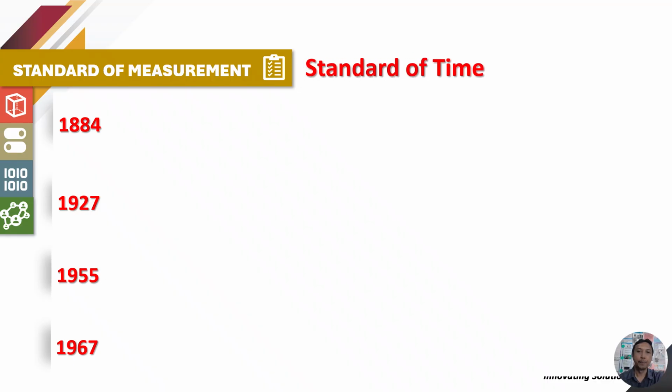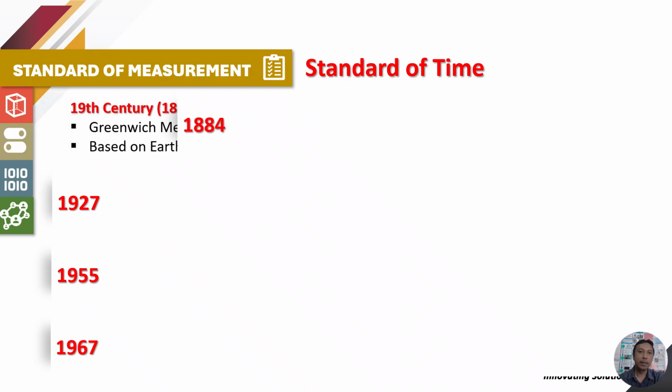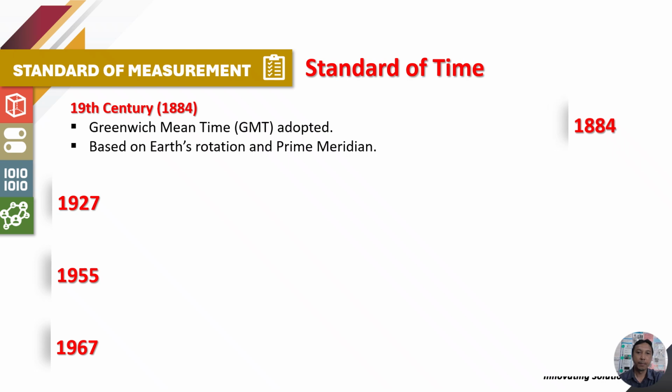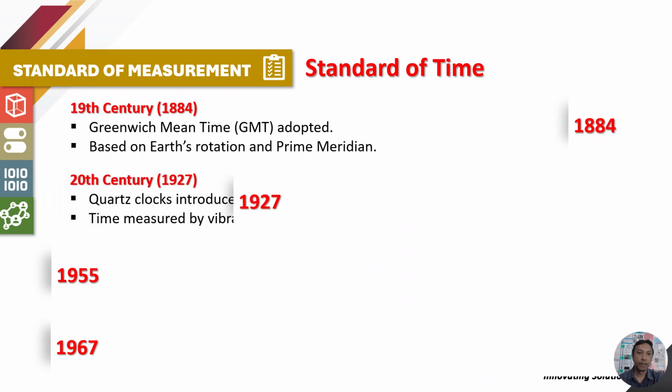Standard of time. The way we measure time has become more precise over the years. In the 19th century, Greenwich Mean Time, or GMT, was adopted. It was based on the Earth's rotation and the prime meridian. In the 20th century, quartz clocks were introduced.